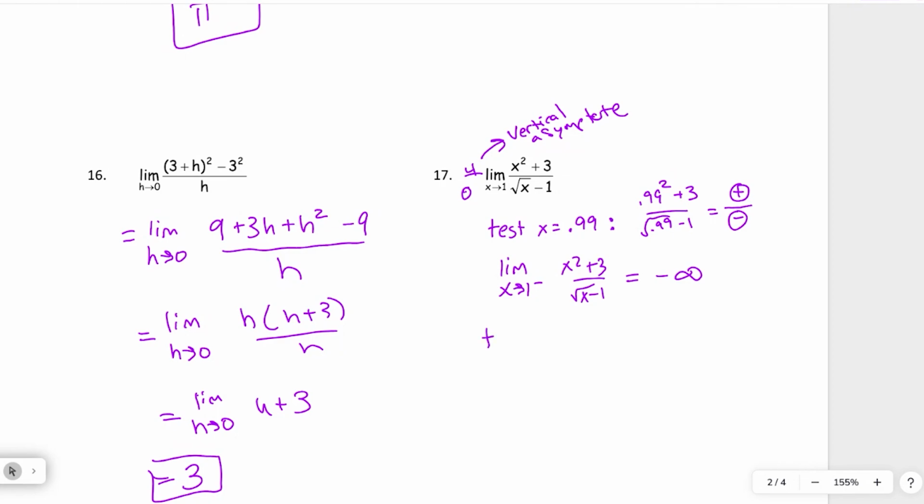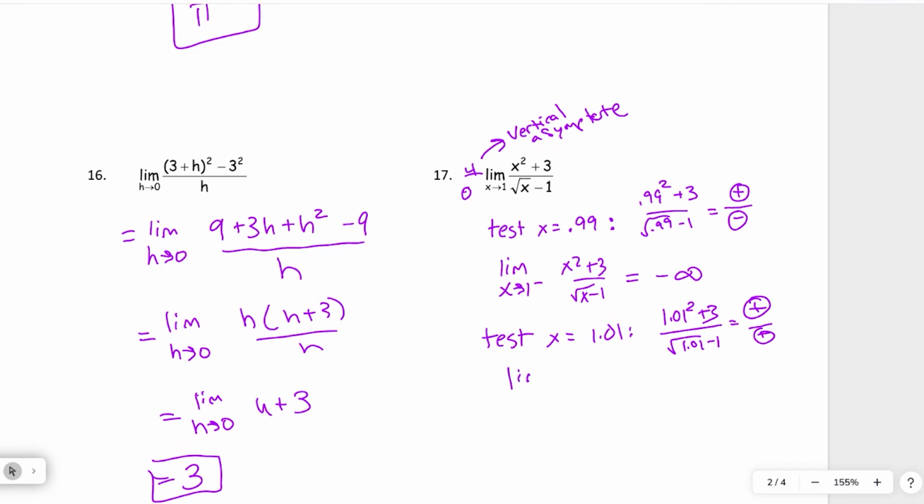Now let's test something like 1.01, something just to the right of 1. So we got 1.01 squared plus 3 over the square root of 1.01 minus 1. Okay, numerator is obviously positive. The square root of 1.01 is going to be bigger than 1, so the denominator is going to be positive.